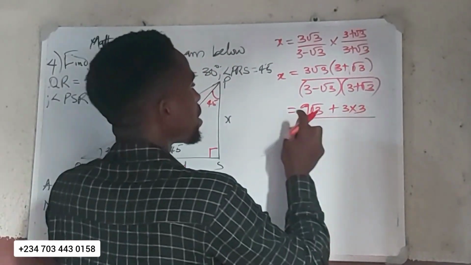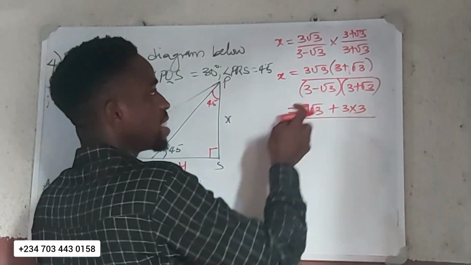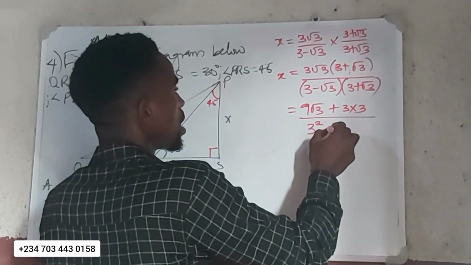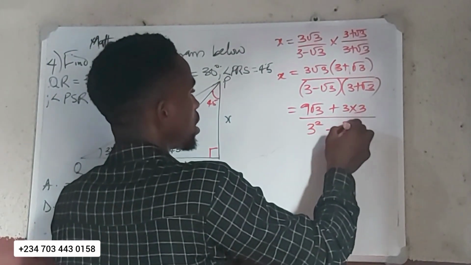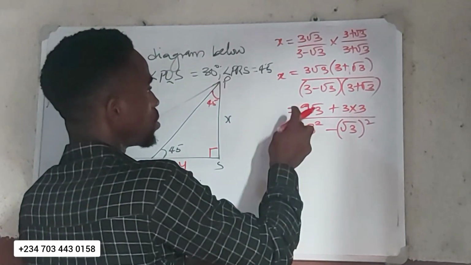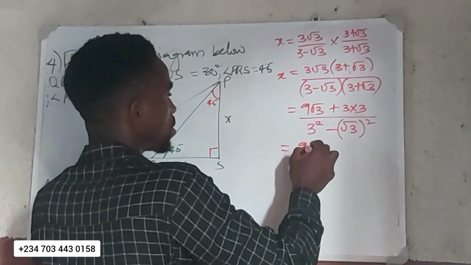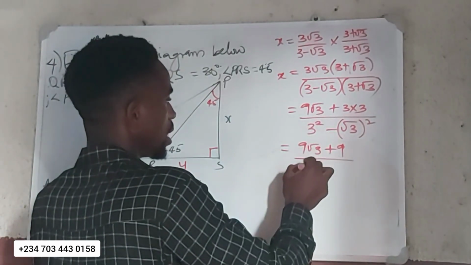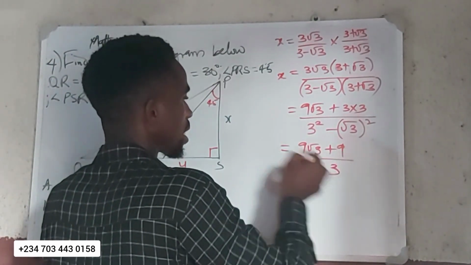So over, when you multiply this guy, this is difference of two squares. So it is going to be 3 squared minus root 3 squared. So this will now give you 9 root 3 plus 9 all upon 9 minus 3.